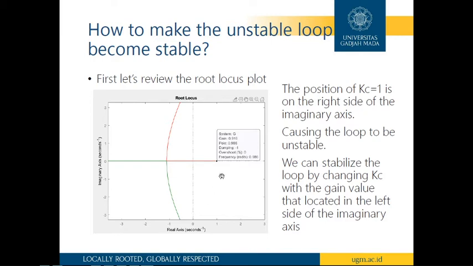Then, if we want to stabilize the loop, we have to pick the gain value, or the Kc, that is located on the left side of the imaginary axis. This can cause the loop to become stable.